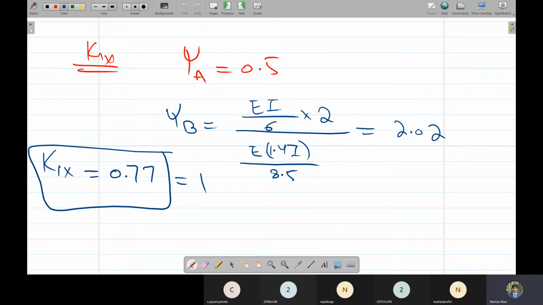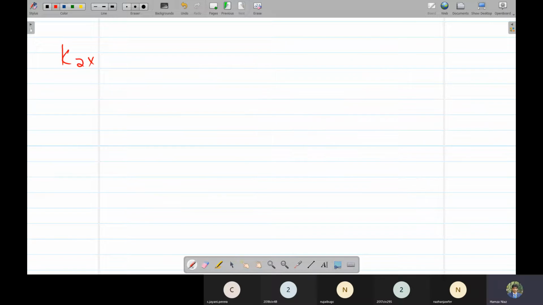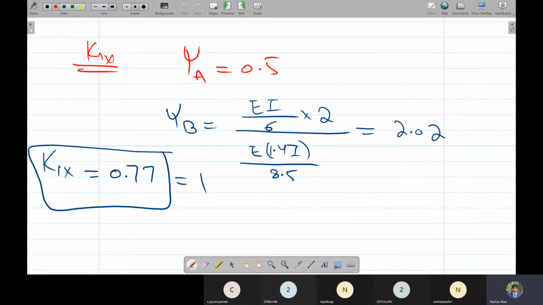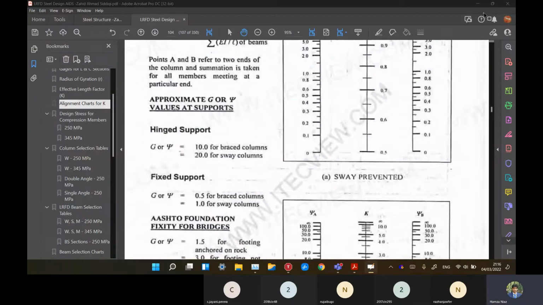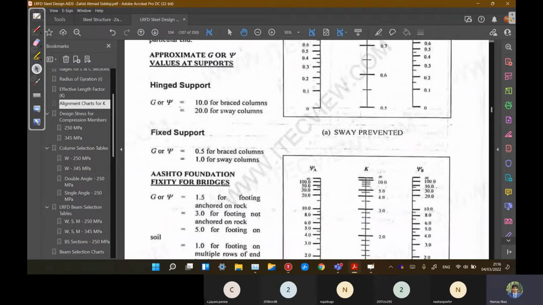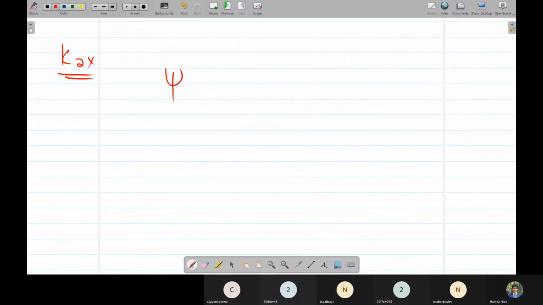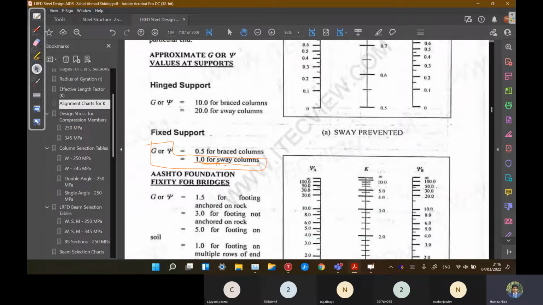The second one is K2x. For K2x, as we were saying, K2 is for sway allowed. So psi A would be 1 in this case, since it is a fixed support and sway is allowed.